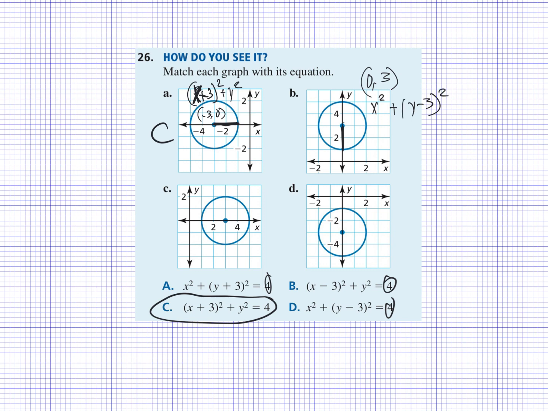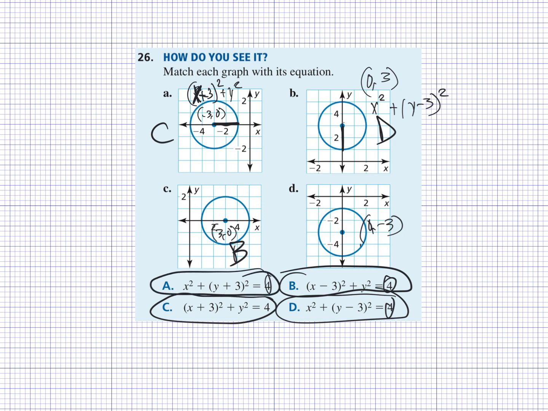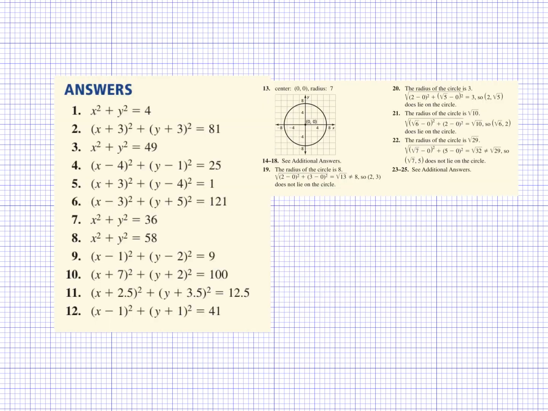So that'd be D. This one, the center is at (3, 0), so x minus 3, so that'd be B. And then the last one is at (0, negative 3), so that's x squared and then y plus 3. So that's A. There we go. Good job. Here are the answers. We don't have 23 on here, or 26, but I answered them for you.